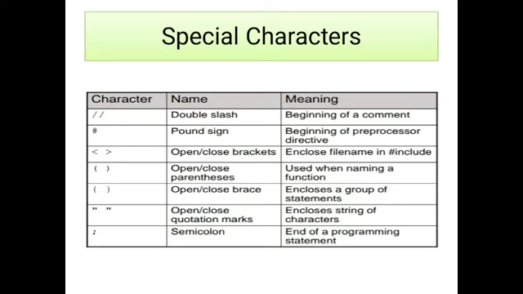Then come open and close parentheses, which are used when naming a function. Then come open and close braces, which enclose a group of statements. Then come open and close quotation marks, which enclose a string of characters. And a semicolon is used at the end of a programming statement.